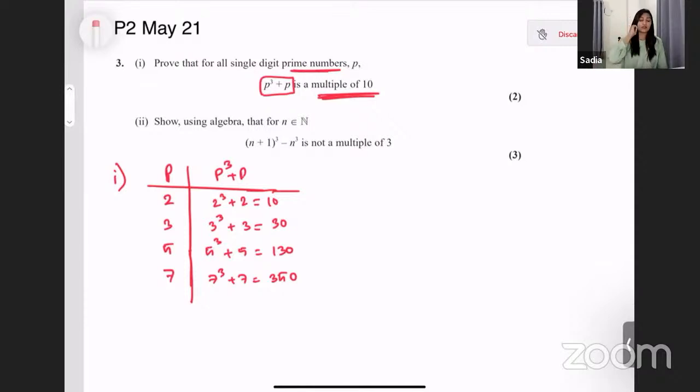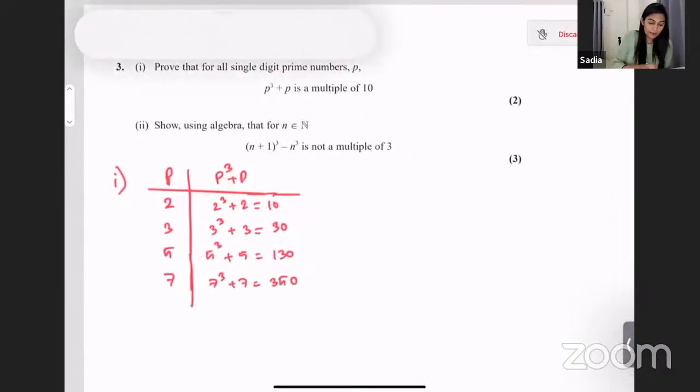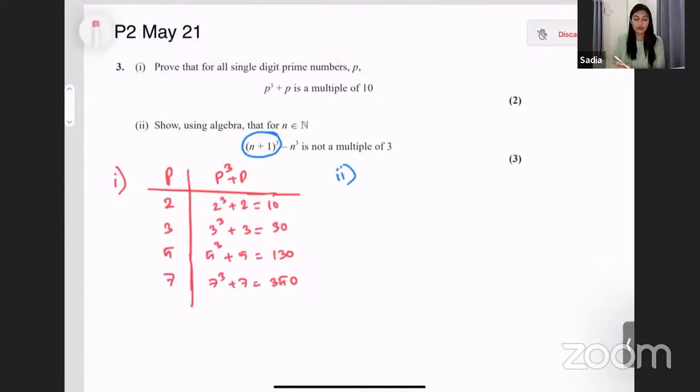Again, next we have this equation n plus 1 whole cube minus n cube. It is not a multiple of 3. Okay, so for this portion of the equation, we need to use the formula a plus b whole cube.